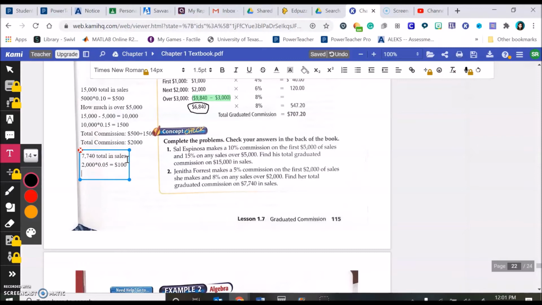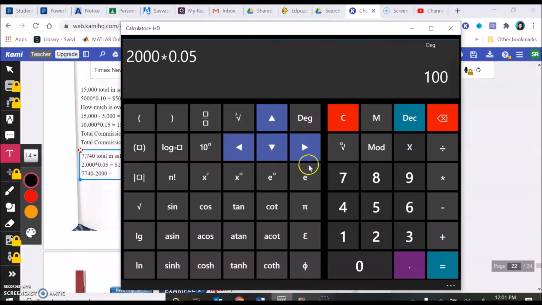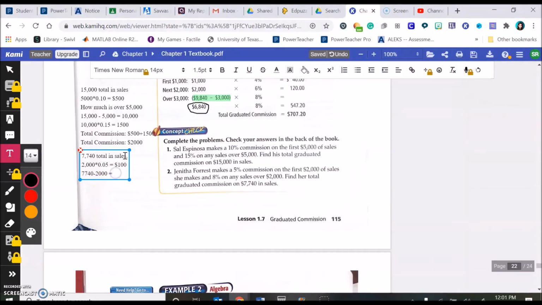Then I need to figure out how much of that is over 2,000, so 7,740 minus 2,000. That's 5,740. So that's how much is over. I'm going to take that 5,740 and multiply it by 8%, or 0.08.